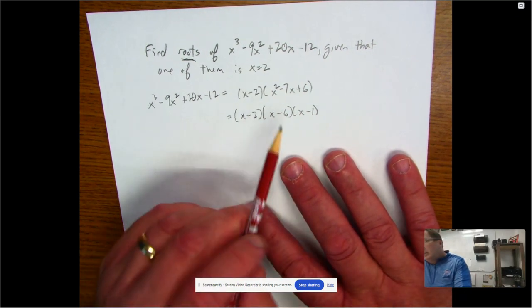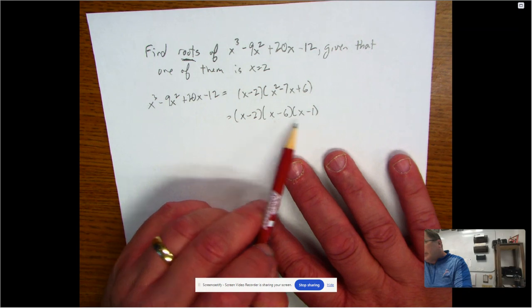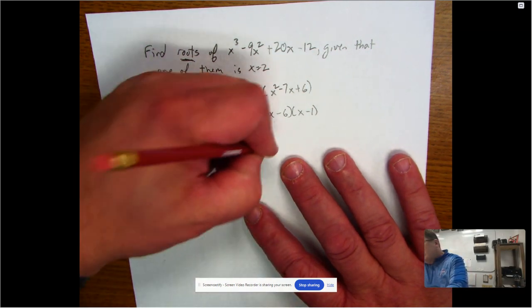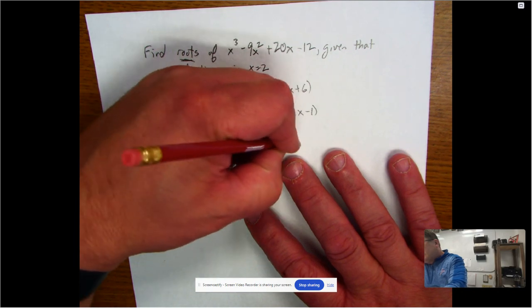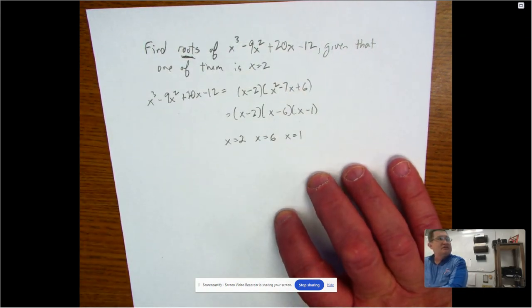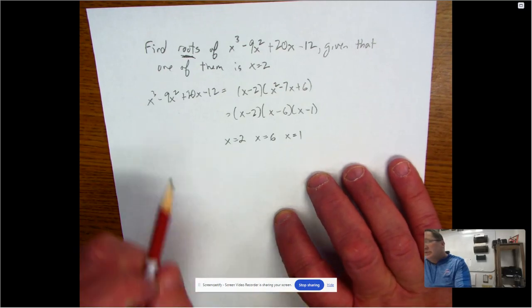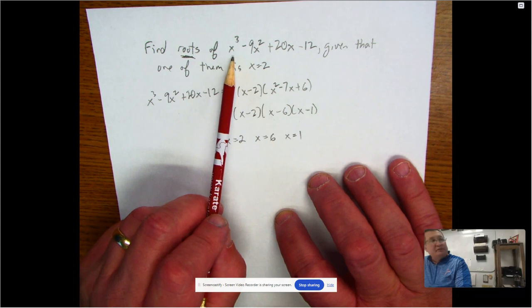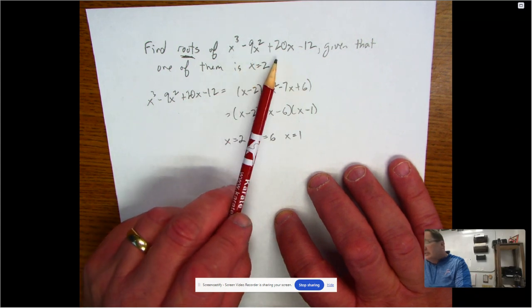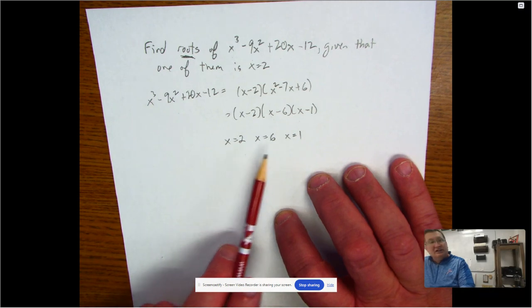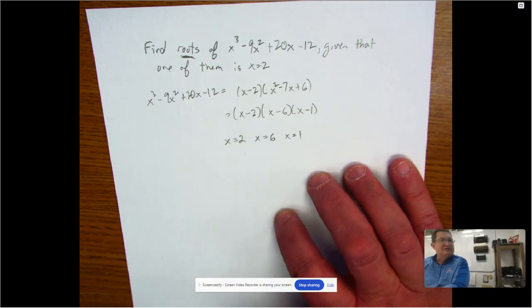And so here, we've got x minus 6 and x minus 1, and so the roots are x equals 2, x equals 6, and x equals 1, which is why you may have noticed a sign in our classroom that says that the official polynomial of room 261 is x cubed minus 9x squared plus 20x minus 12, because our answers are 2 and 6 and 1.